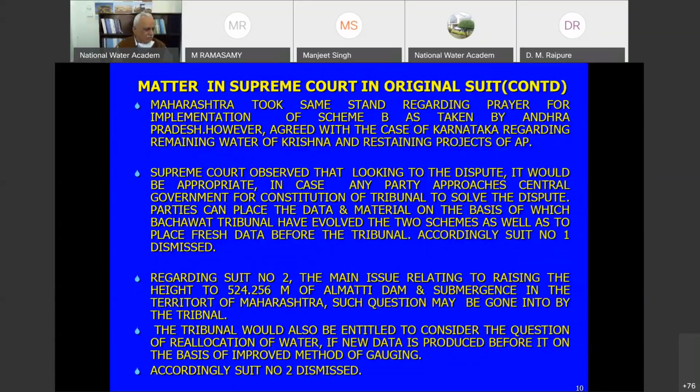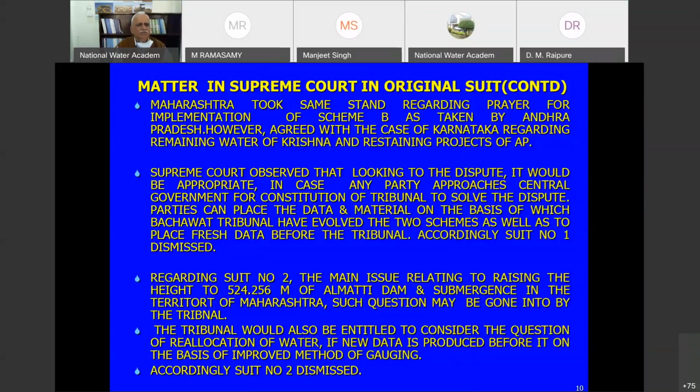However, Maharashtra was in agreement with Karnataka regarding remaining water of Krishna and restraining the projects of Andhra Pradesh. The central government has also stated that Section 11 of the Interstate Water Dispute Act is not maintainable.